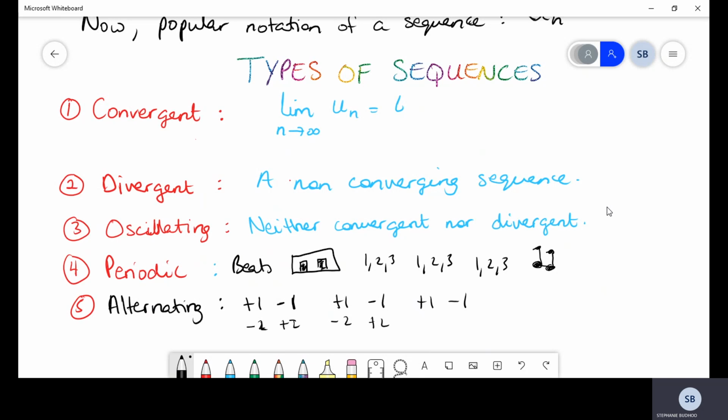For example, something going between -1 and +1: if you drew those numbers on the y-axis, this is +1 here, this is -1, and you drew the line y is equal to 1 and another line y is equal to -1, that could look like an oscillating sequence. It's bounded, but it's oscillating, moving back and forth. So those are your 5 types of sequences.